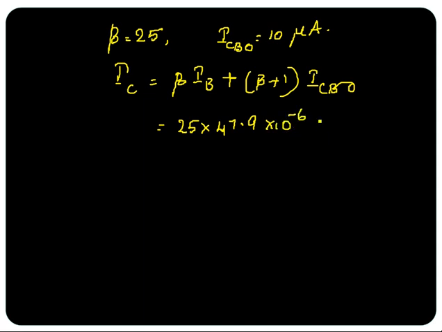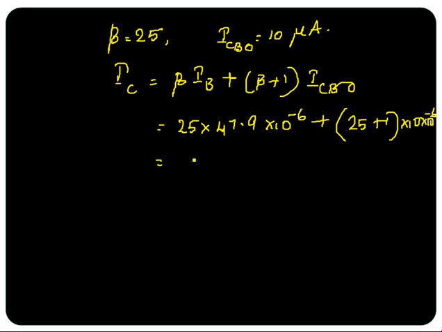You calculated IB after getting the value of RB. So that is same. It is fixed. It is not changing with the change in parameters or with the change in the temperature. So IB is fixed. Plus beta plus 1 means 25 plus 1. What is ICBO? Into 10 into 10 raised to minus 6, 10 microampere.